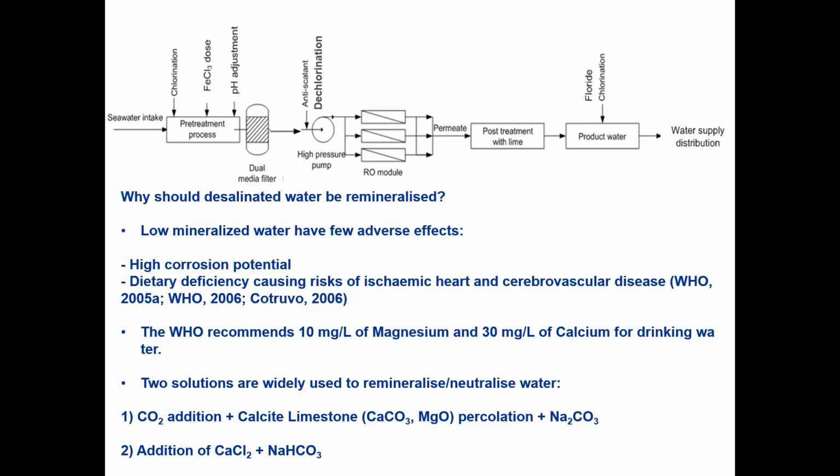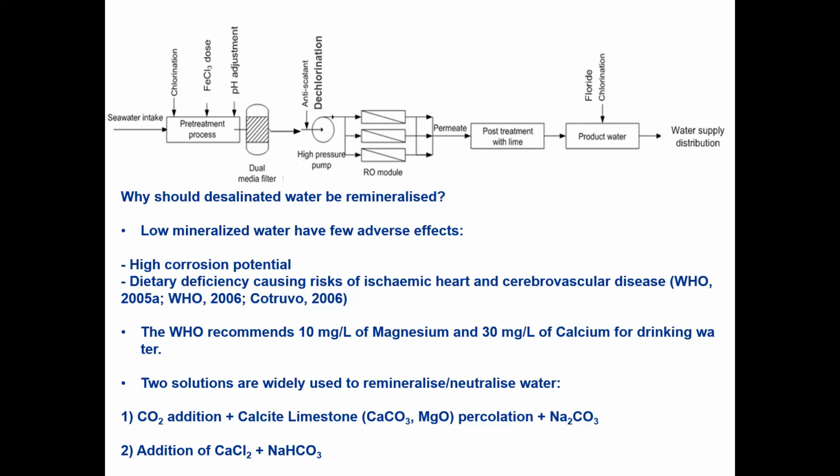The solution widely used to remineralize is CO2. We just inject the CO2, and calcite, limestone, calcium carbonate, magnesium, plus sodium carbonate are put into the desalinated water to remineralize it. This is good for our health, good as a buffer solution, and good for protecting the pipeline and pumping.